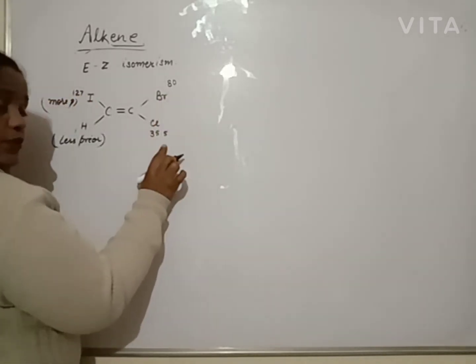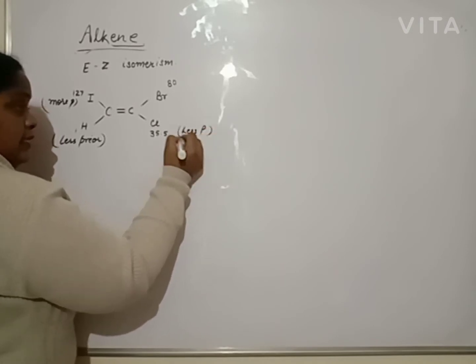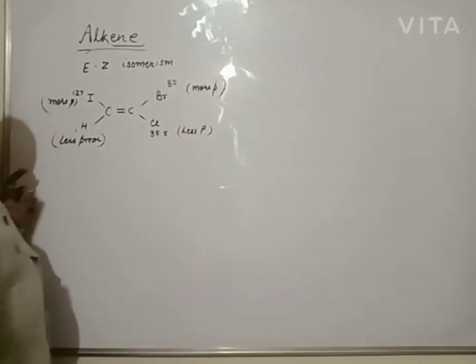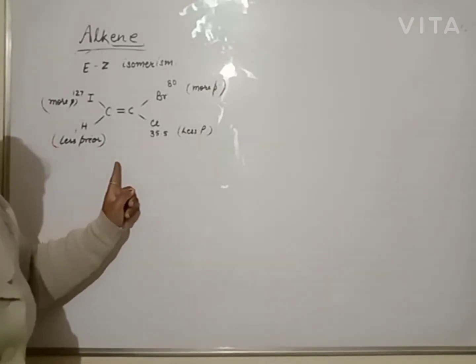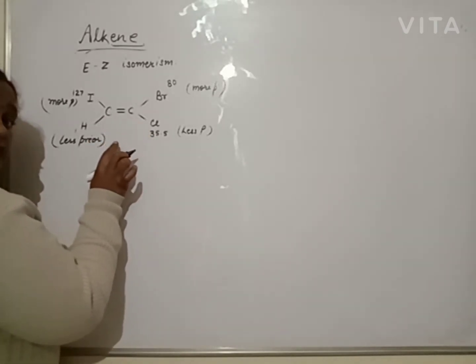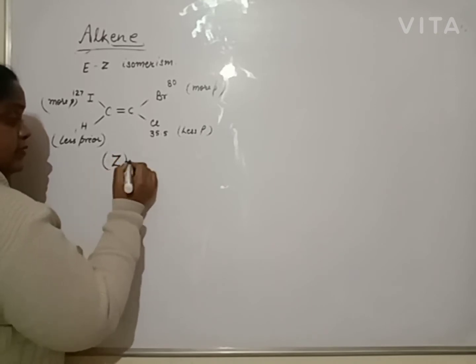Out of these two, 35 is the less number. It is less prior. It is more prior. Let similar priority be present on the same side. It is just like cis isomer. And cis isomer is represented by Z. It is Z form.